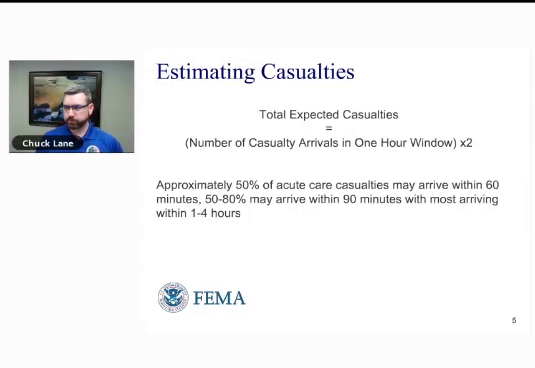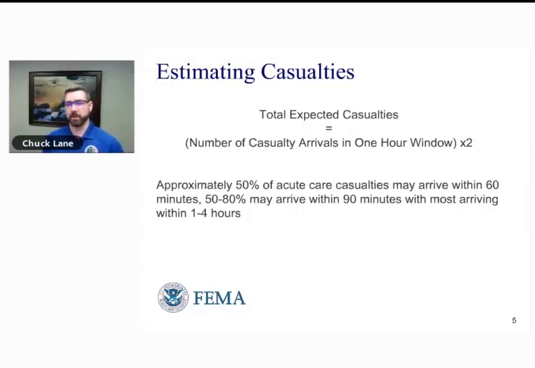Now, total expected casualties. The algorithm that we use for planning for this is basically our total expected casualties equals the number of casualties that arrive in the first hour times 2. And that's just based on the fact that about 50% of the acute care group arrives within that first hour window.